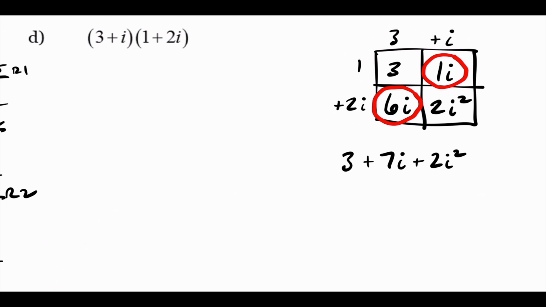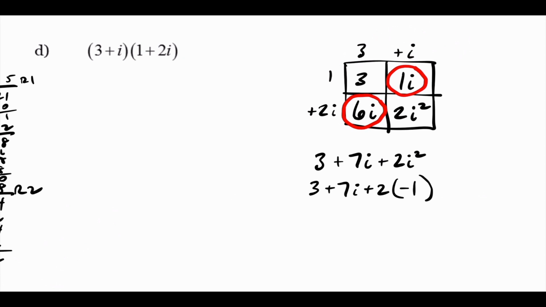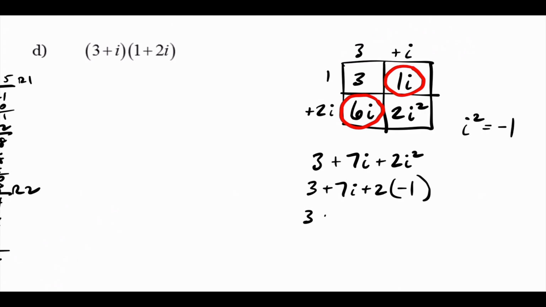So this is what I'm going to do. I'm going to rewrite it. Instead of i squared, I'm going to put a -1 because they're actually the same thing. So I get 3 plus 7i, and this is -2 because 2 times -1 is -2.